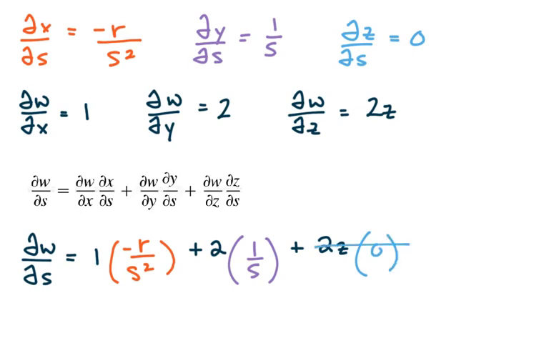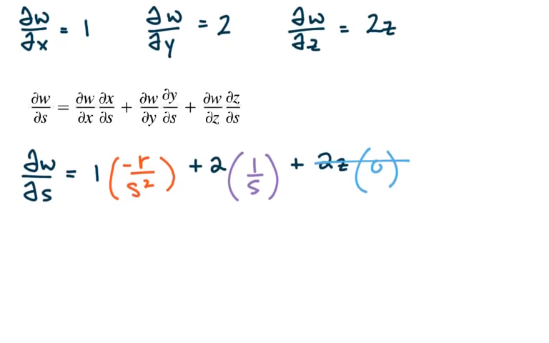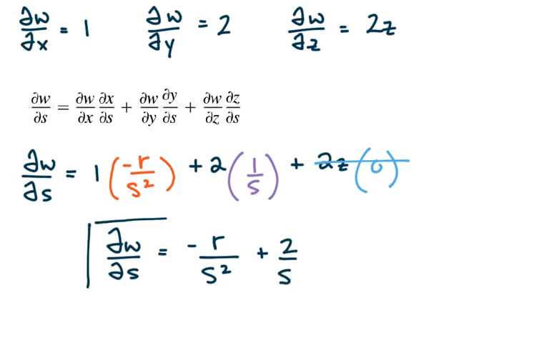So 2Z times 0 goes away, and I will simplify this. Partial W with respect to S is negative R over S squared plus 2 over S. And that's my final answer.